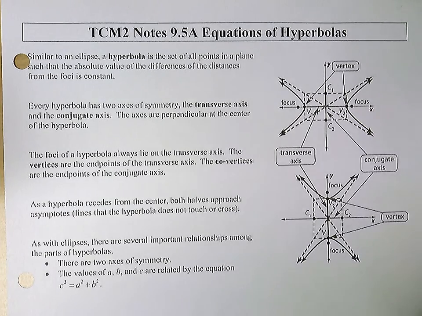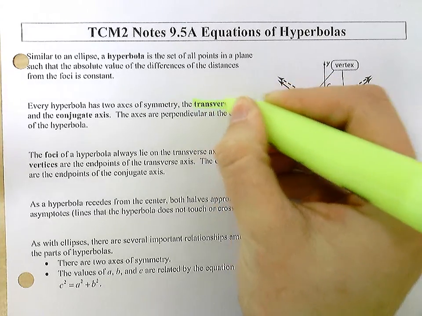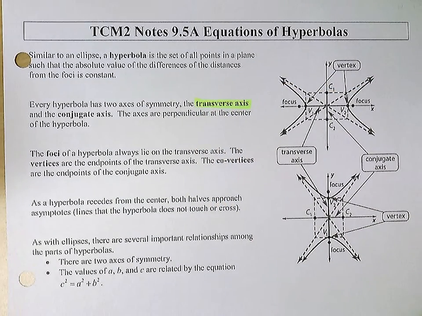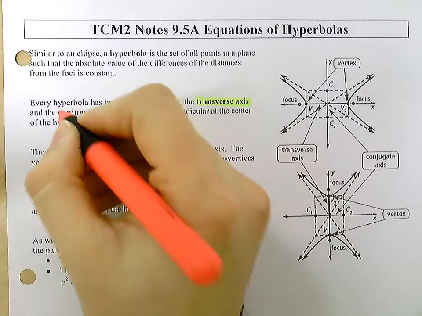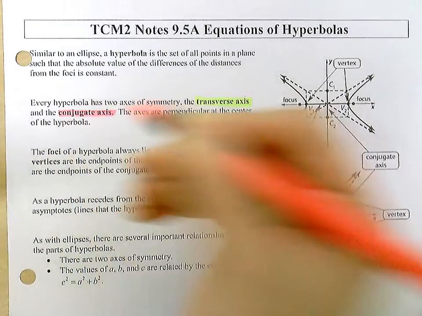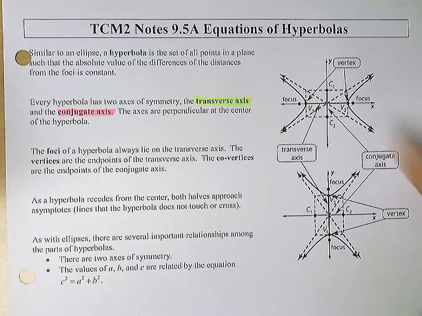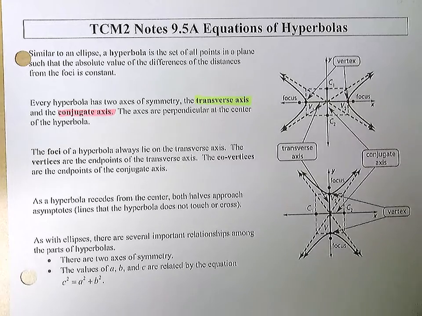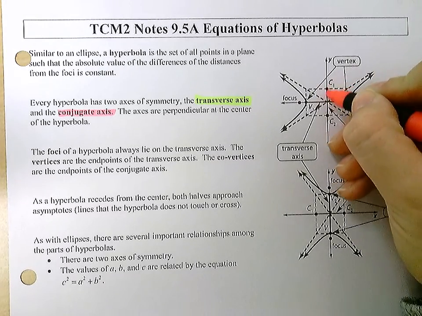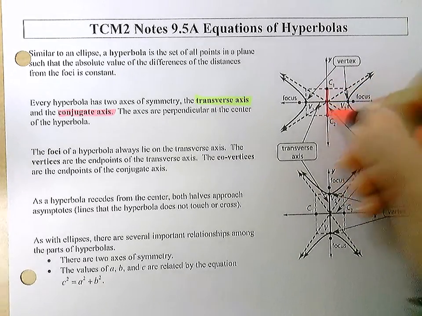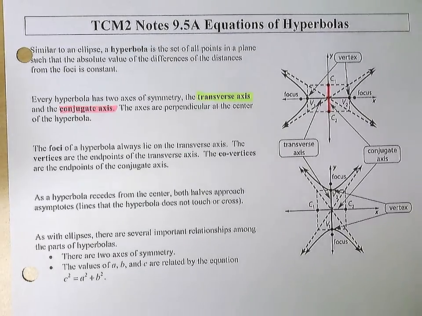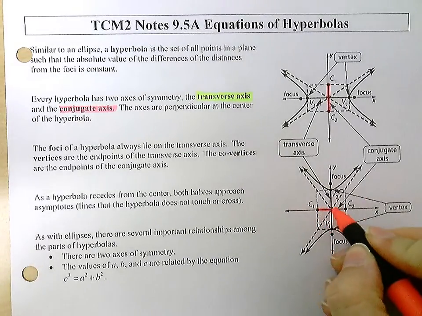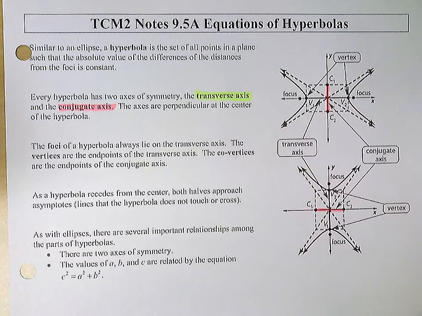You have the transverse axis, and you have the conjugate axis. On these two pictures, your conjugate axis is between those C values, so it is your shorter axis.